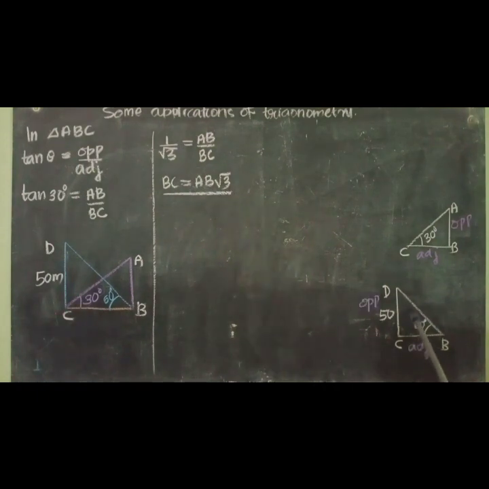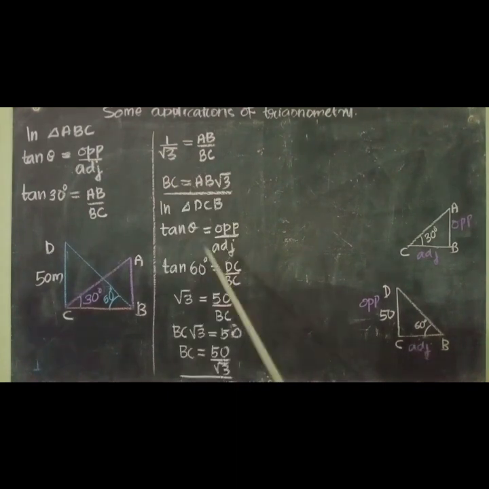Now consider the second triangle. Here the acute angle is 60 degree and this DC is the opposite side, BC is the adjacent side. Let us take the ratio. In triangle DCB, tan theta equal to opposite side by adjacent side. Here theta equal to 60 degree. Opposite side is DC, adjacent side is BC.